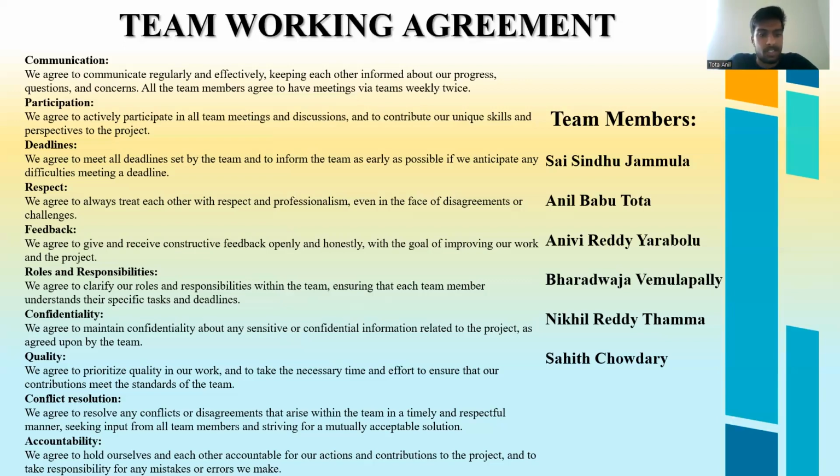For confidentiality, we kept everything we have done quiet, so that no sensitive information related to the project is leaked to other teams or in upcoming events. And for quality, we maintain that everything should be perfect, giving a quality output for the user.